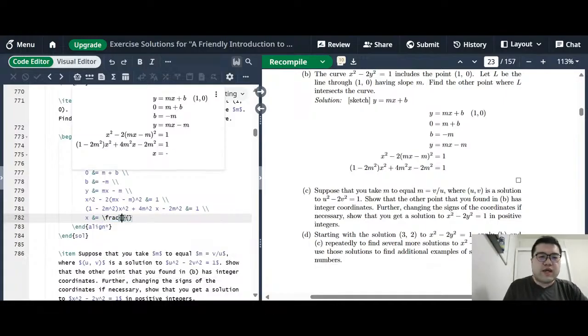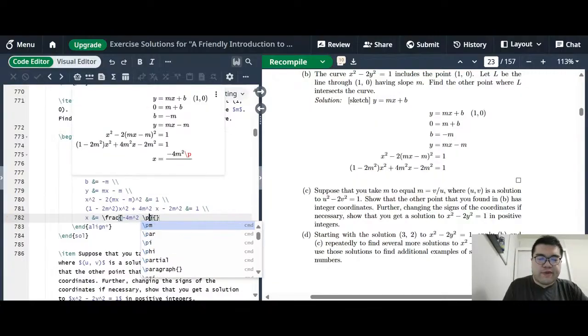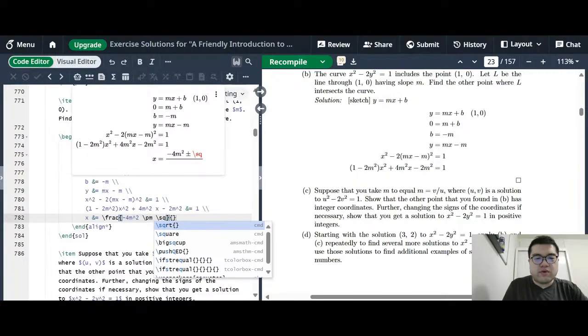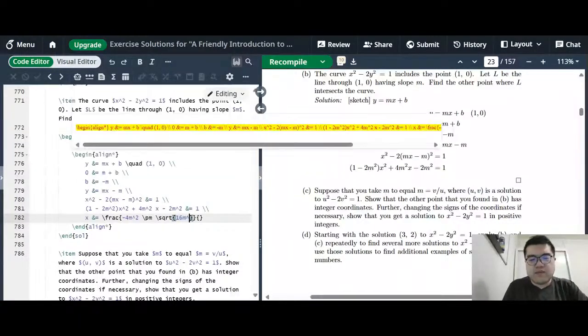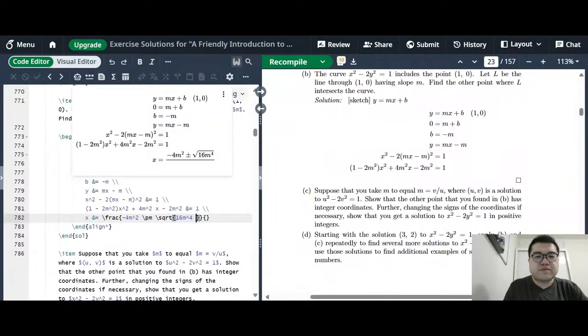Our old friend the quadratic formula says the top is negative b, where b here is 4m squared. So we end up with negative 4m squared, plus or minus the square root of b squared. b is 4m squared, so the square of it is 16 times m to the 4th power.